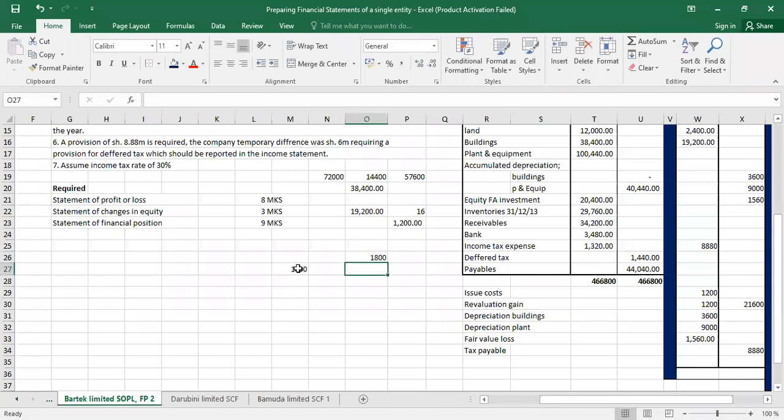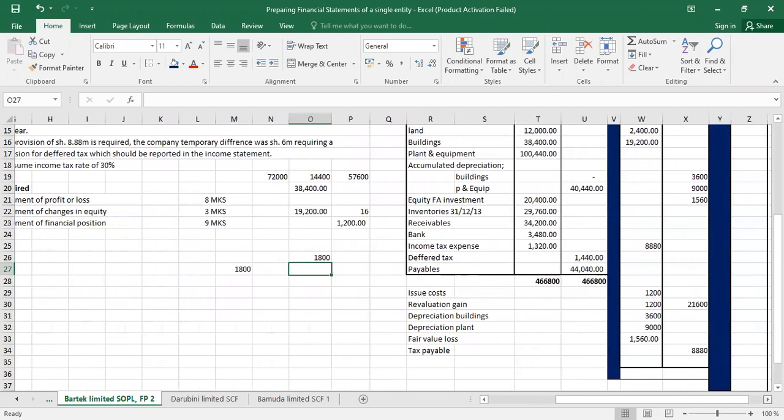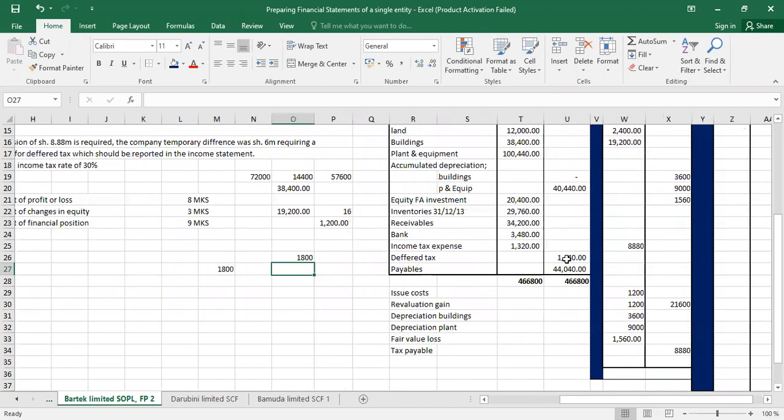You get the 1,800 that we found here. So this 1,800 is deferred tax for the year, isn't it? And you can see we had previous deferred tax, isn't it? So we find the difference, 1,800 minus 40. Then you find that 360.